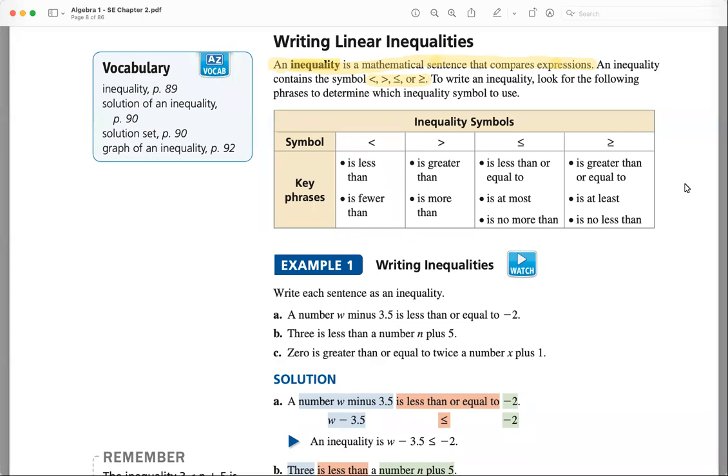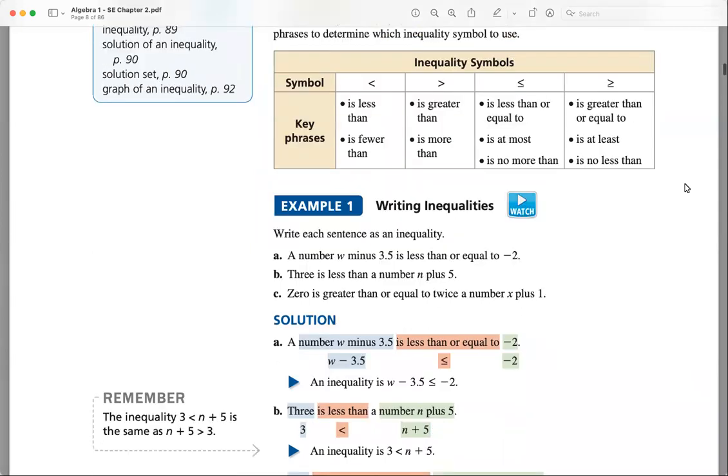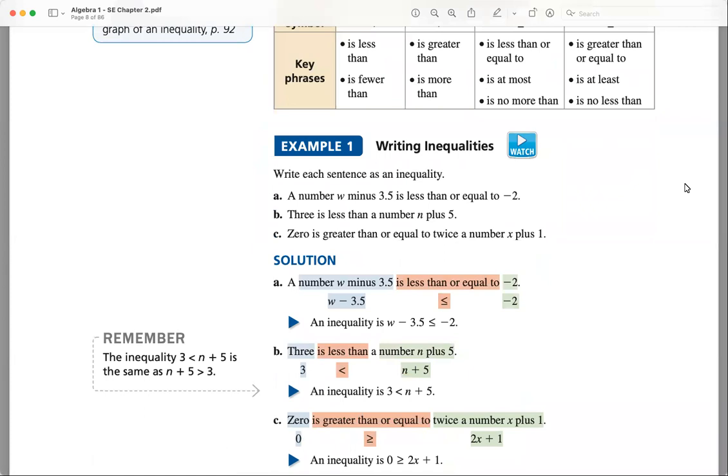As always, the book gives you some information and some completed examples about writing inequalities. So writing means translate from the sentence to the symbol. And number w minus 3.5 is less than or equal to. So notice that now is not an equal sign, okay?